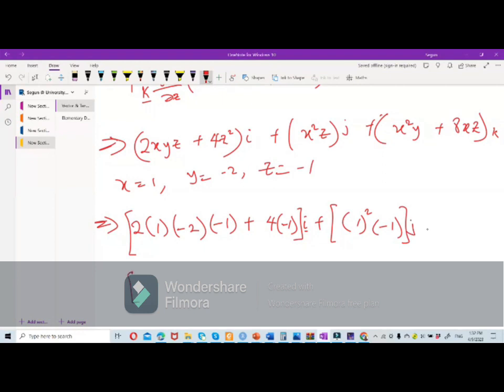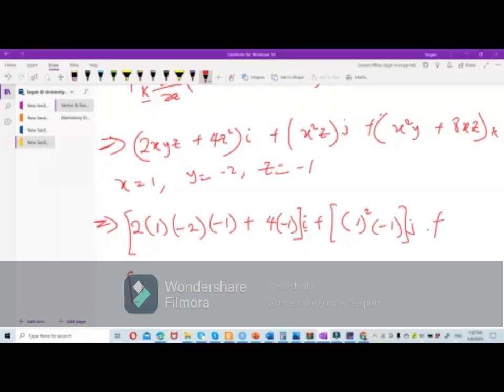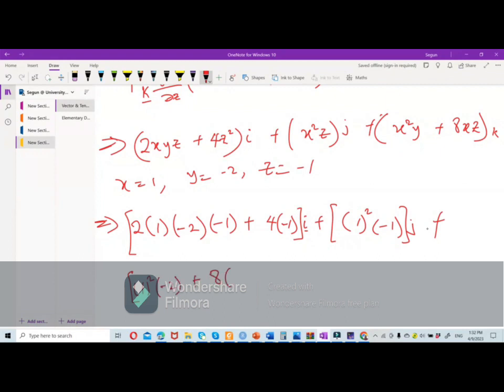For k, plus k, we have 1 squared, y, 1 squared, negative 2 plus 8 into 1, negative 2, k rather.